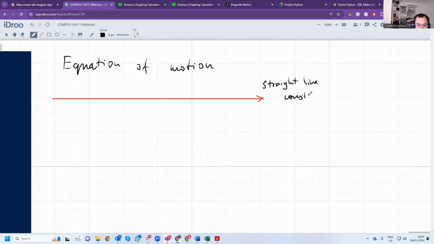And this is your x, your coordinate. So you start from x0, this is your initial position, and you travel along. After some time, you end up at point x. So x0 is your initial position, and x is your final position.